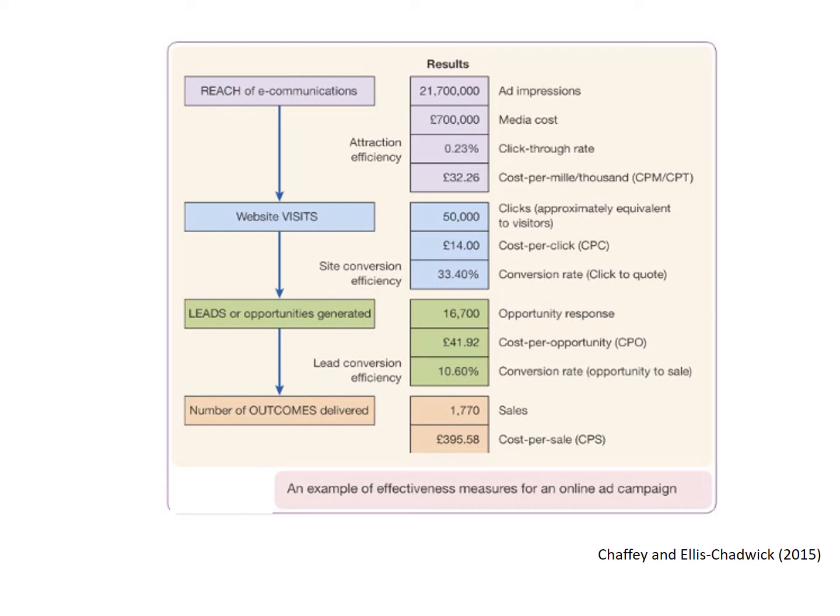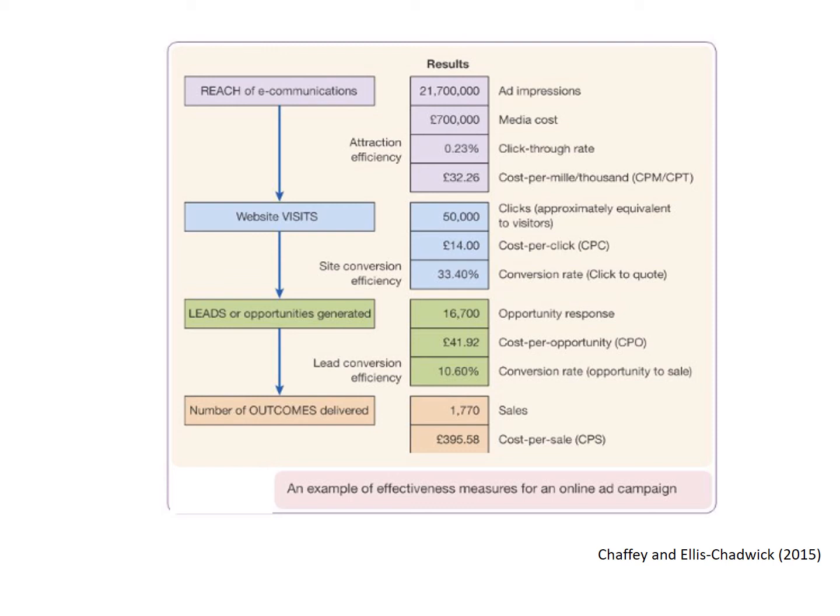So from the 21,700,000 ad impressions, where X number of people have seen it X number of times, from those costs per 1,000 ad impressions, you're getting 50,000 clicks, 50,000 individual people have come onto your site. And then the cost per click is averaged to £14. And the conversion rate is represented at 33% in terms of getting a quote, click to quote.